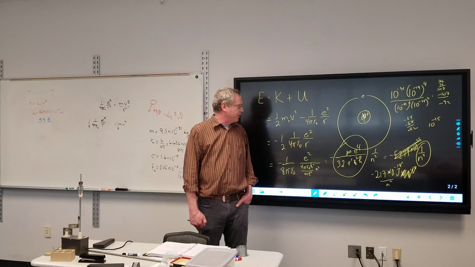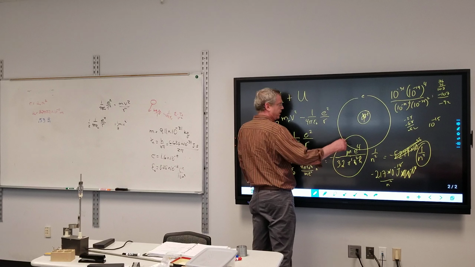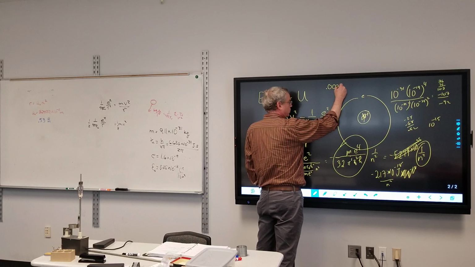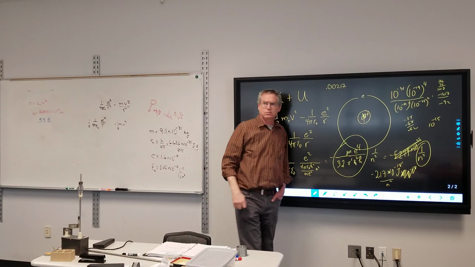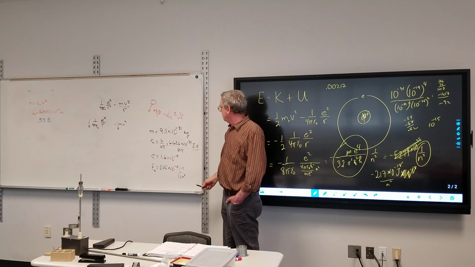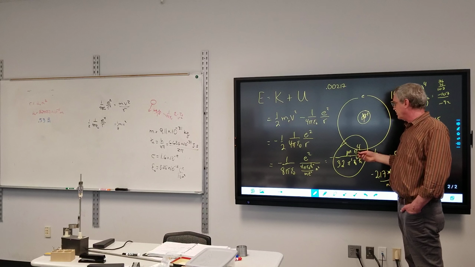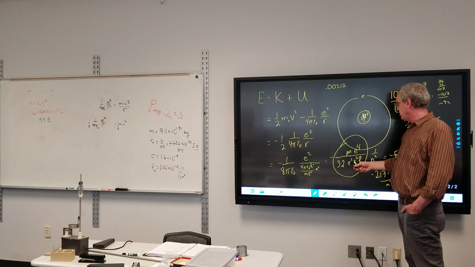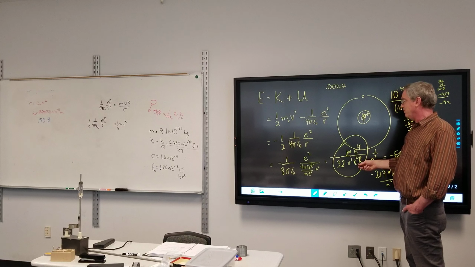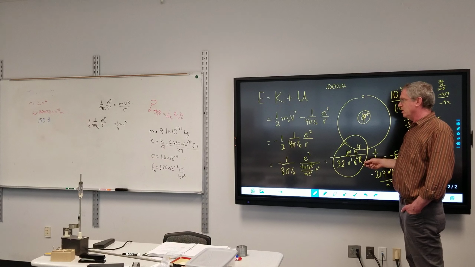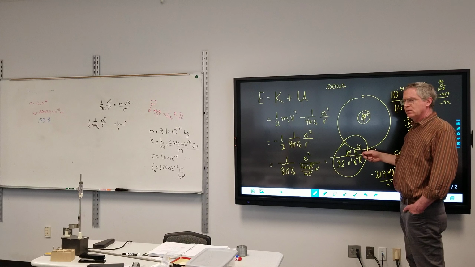Now, doing it the other way, for the calculators that couldn't handle it, I'm assuming therefore you got 0.00217 when you did 9.11 times 1.6 raised to the 4th divided by 32 divided by pi squared divided by 8.85 squared divided by 6.625 squared times 4 pi squared.